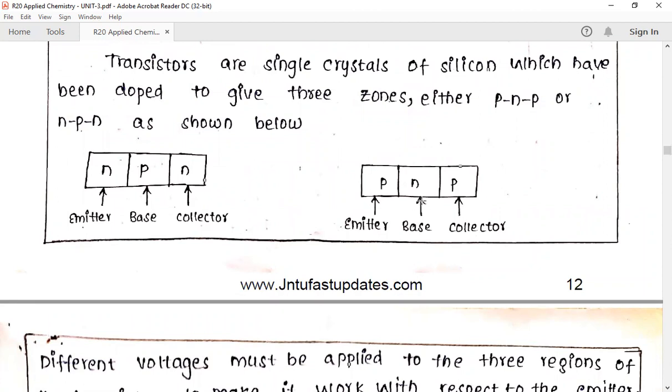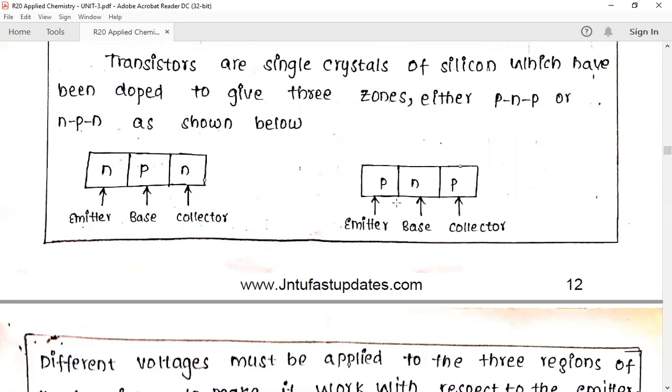In the PNP junction transistor, this transistor is formed when N-type material is sandwiched between two P-type regions. That means the base is sandwiched between the emitter and the collector.